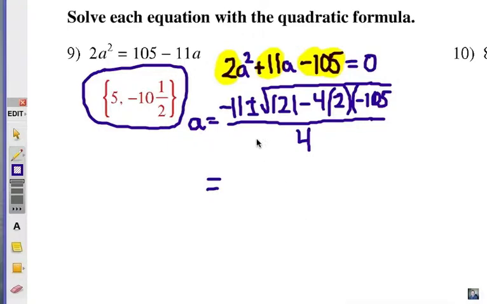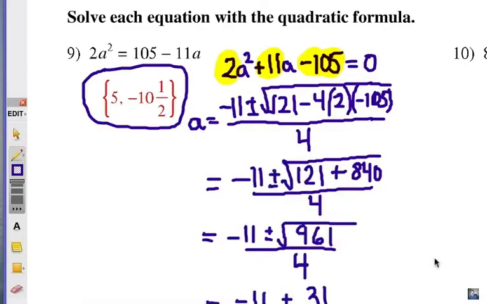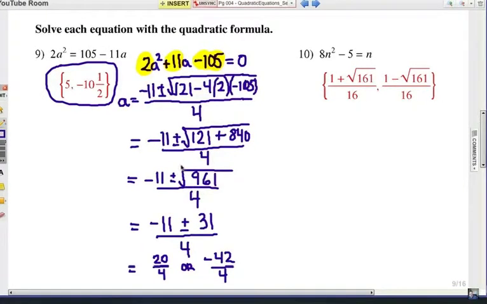So using the quadratic formula, it's negative b, so we have a negative 11 there, plus or minus the square root of b squared, so that's 11 squared, 121, minus 4 times a, which is 2, times c, which is negative 105, and all over 2a, which is 2 times 2, or 4. Let's simplify this a little bit. Now let's quickly get to the end here.